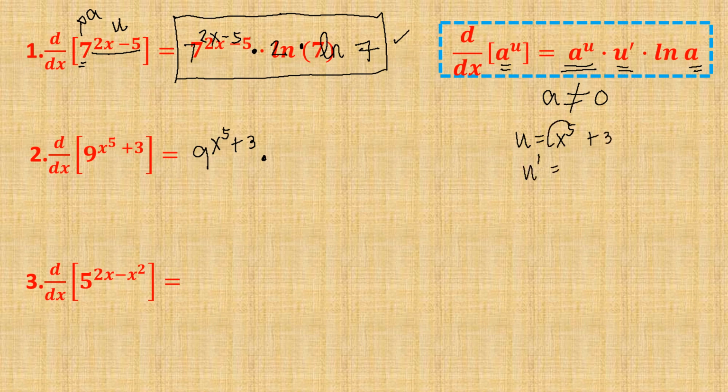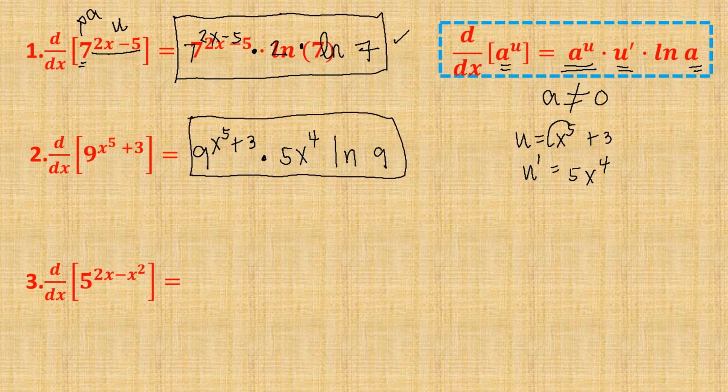Our u prime is 5x to the power of 4, and the derivative of a constant is 0. So therefore this will be 5x to the power of 4 times ln of 9. Okay, so this is our derivative in number 2.